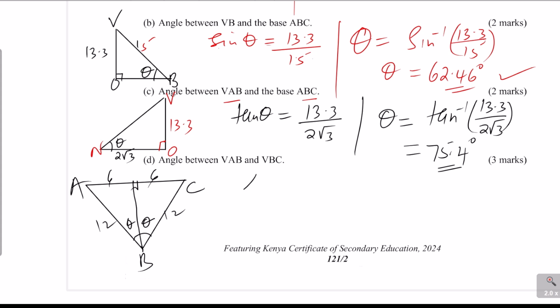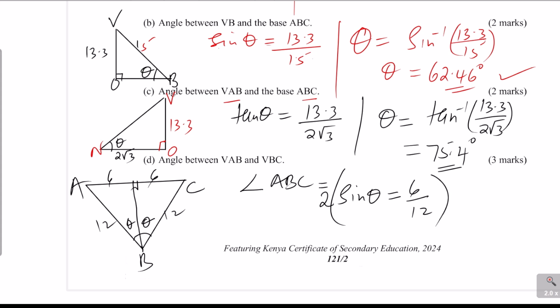So the whole of angle ABC, we are going to get it by using sine. So twice, because you get one angle and then you multiply by 2. You can see the whole of that angle. 2 sine of theta, so sine of theta will be opposite divided by the hypotenuse.